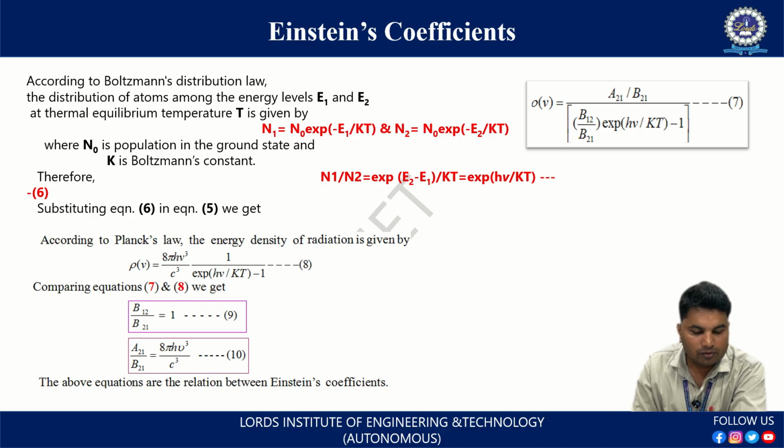Now, according to Boltzmann distribution law, the distribution of atoms among the energy levels E1 and E2 at thermal equilibrium temperature T is given by N1 is equal to N naught exponential minus E1 by KT, and N2 is equal to N naught exponential minus E2 by KT, where N naught is the population in the ground state and K is the Boltzmann constant.